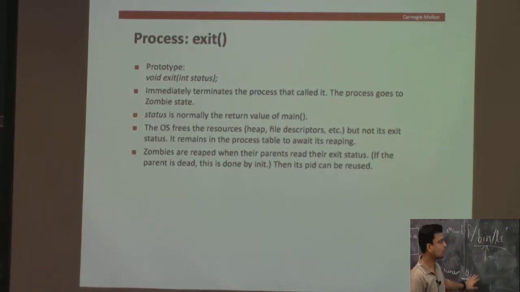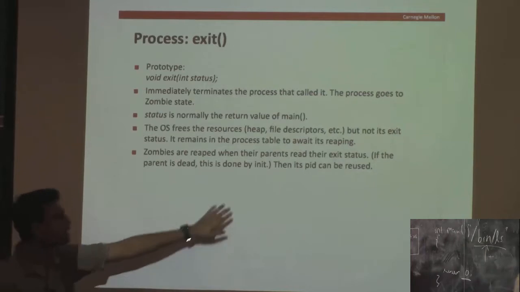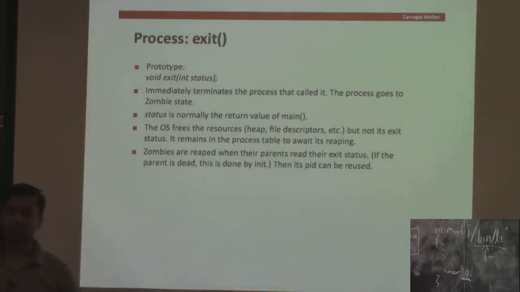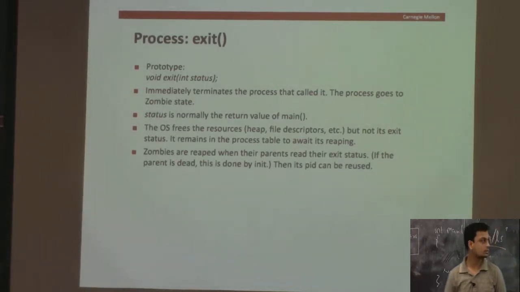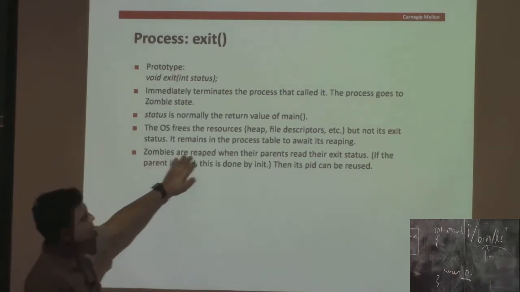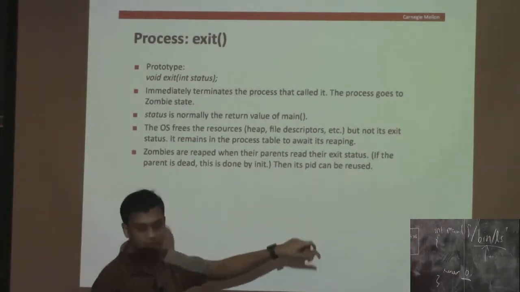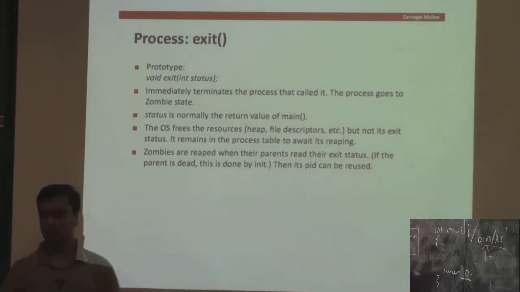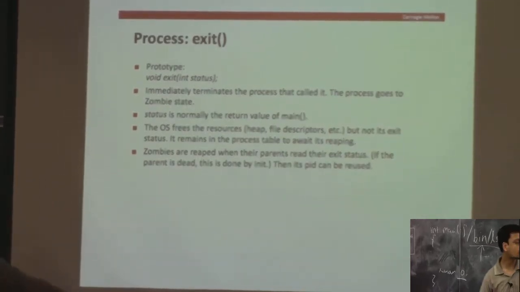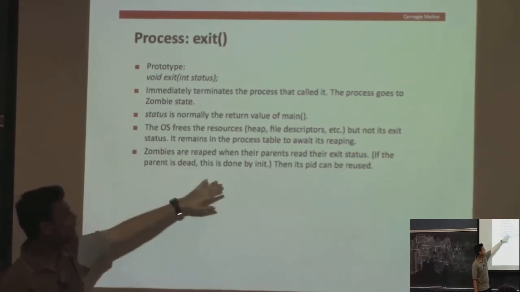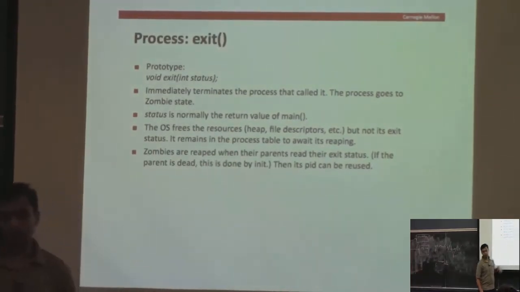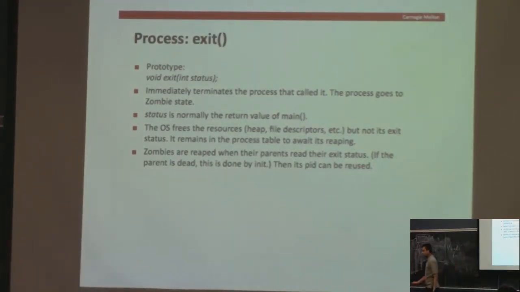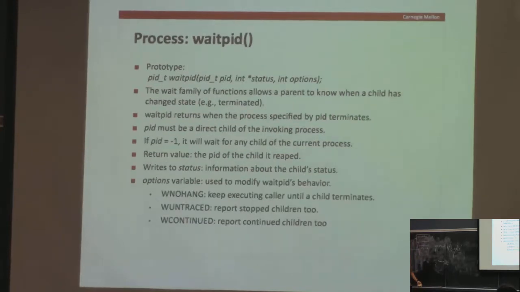So whenever a kernel launches, the first process it will create is called init, and that will continue to run forever until you shut down the system. So for any process that is trying to exit, if its parent is dead, its state will be delivered to init, and init will ensure that it reaps the status of this particular child. So that's the exit system call.